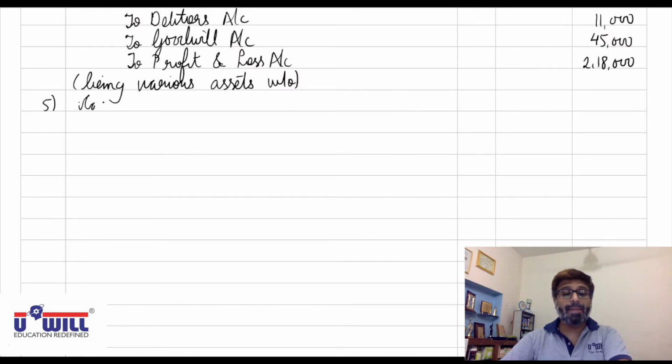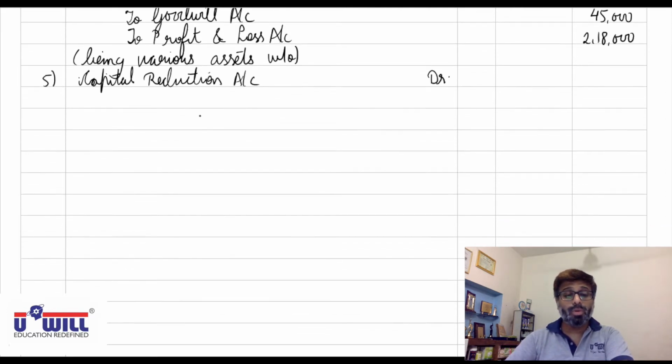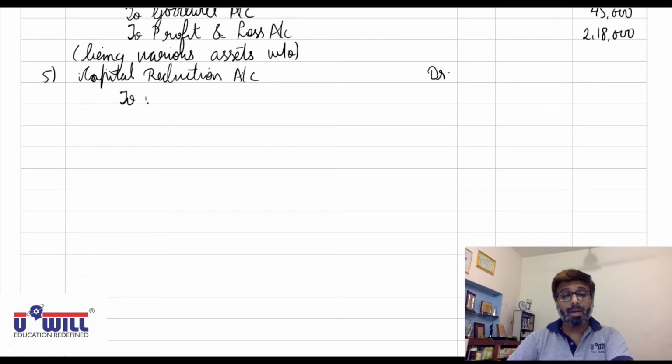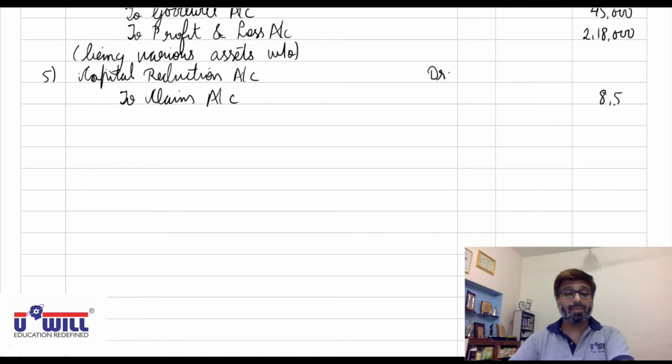For that, capital reduction account debit. Okay, capital reduction account debit to claim account. Claim payable is 8,500. 20,000 is of no relevance. We have settled for 8,500, so we have to create a liability of 8,500.